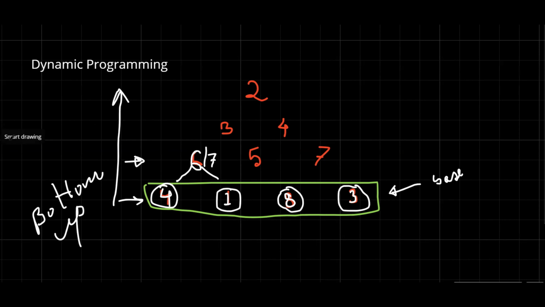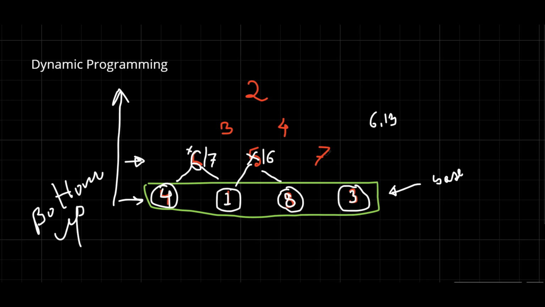Now suppose we are at this 5 element, and the minimum amount we have to pay is the minimum of 5 plus 1 and 5 plus 8, where 5 plus 1 is 6 and 5 plus 8 is 13. So the minimum of 6 and 13 is 6, and we replace the 5 with 6. Now suppose we are at this element 7 and we have to find the minimum cost to reach the bottom row.